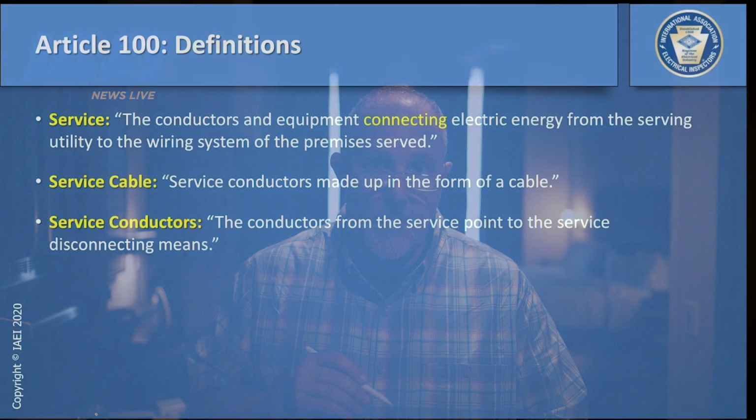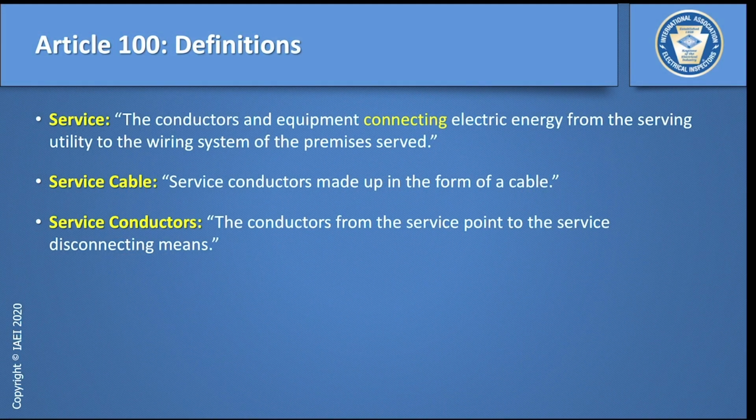Your on-site generation, energy storage systems. Remember, the utility is the utility. It's going to be a separate entity who owns the equipment, and they're going to be bringing power to the structure. And they're going to be bringing that power via service cables. Service conductors made up in the form of a cable. So we know, now here's another one.